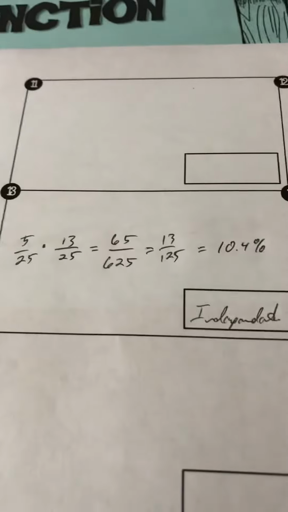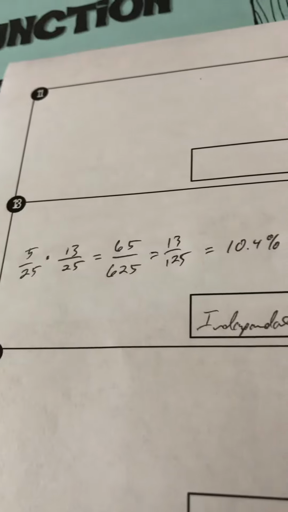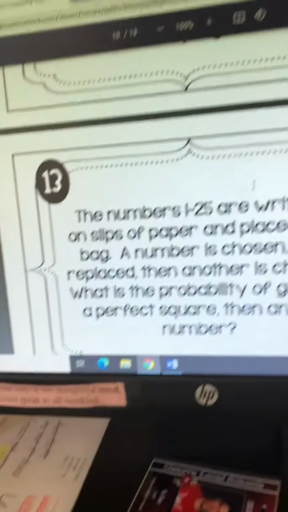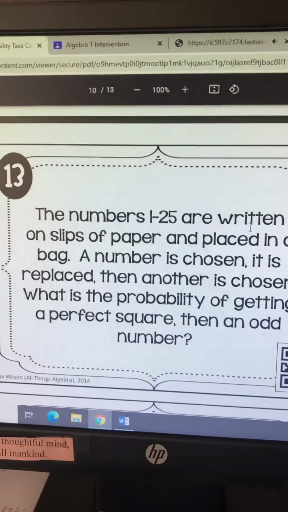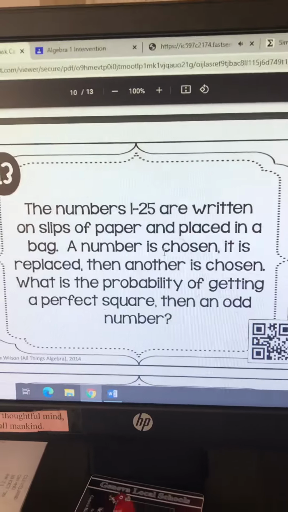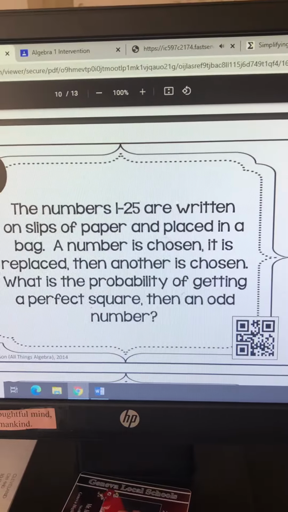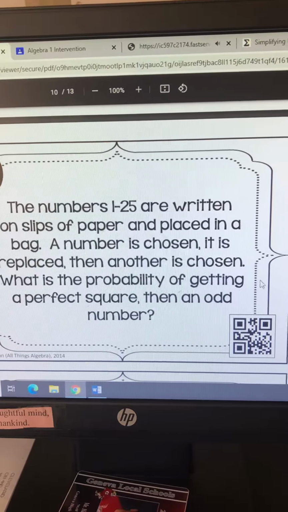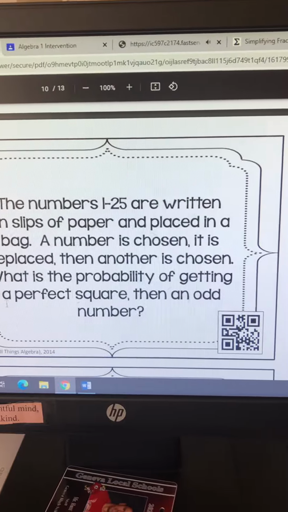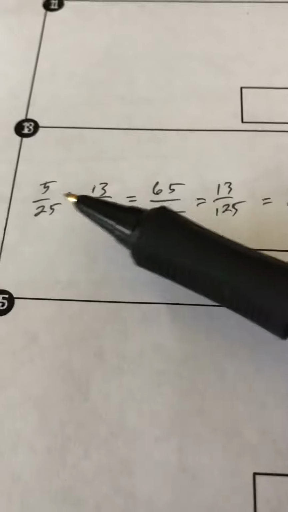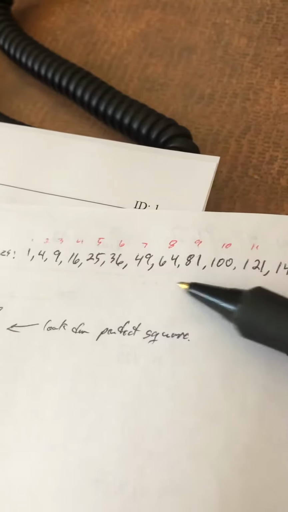And finally, we're going to get to some dependent ones. Number 13. The numbers 1 through 25 are written on slips of paper and then placed in a bag. A number is chosen, it is replaced, then another is chosen. What is the probability of getting a perfect square and then an odd number? Perfect squares, well, there are 5 perfect squares. I have the list of perfect squares here from another class.